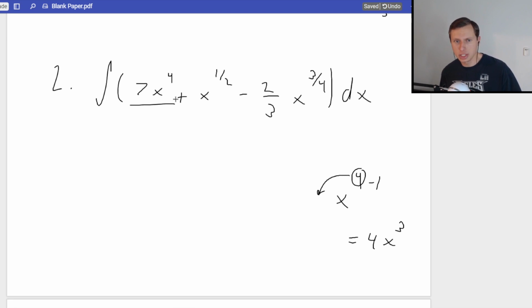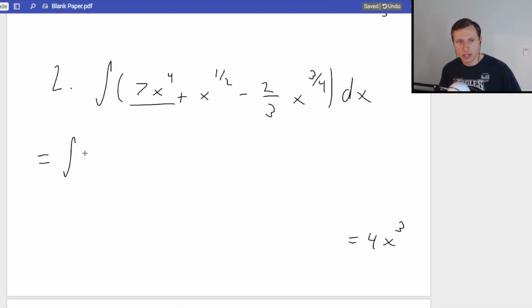Another thing worth mentioning, just real quick, whenever you have an integral like this with the plus signs and the minus signs separating things, this is not a U substitution because everything is just plus or minus. This is actually a pretty straightforward example despite how crazy it looks. What I'm trying to say here is I can break this up into 3 separate integrals.